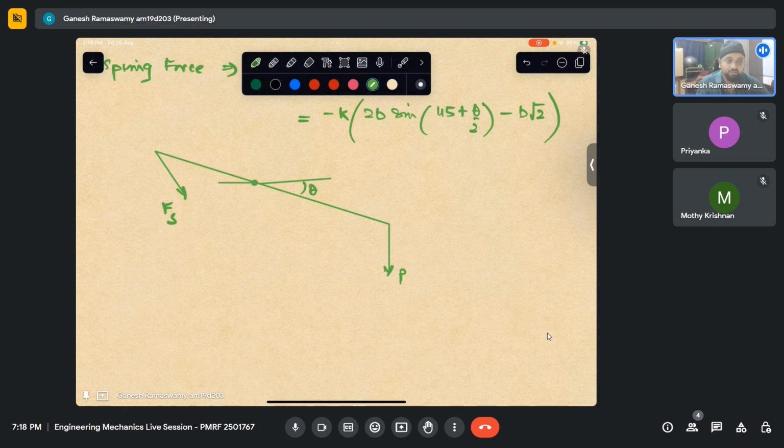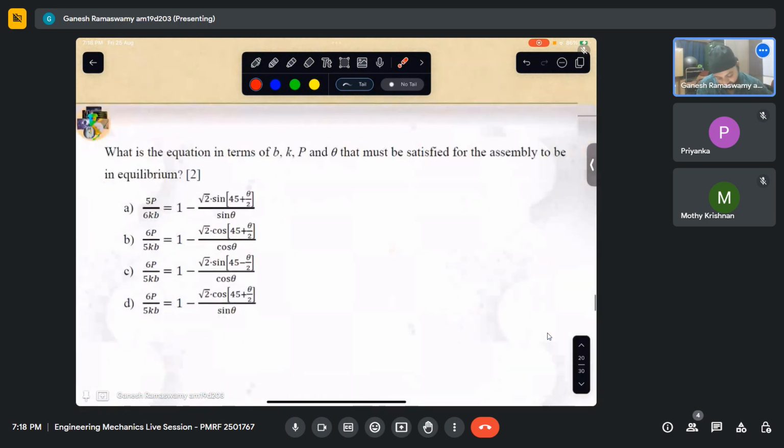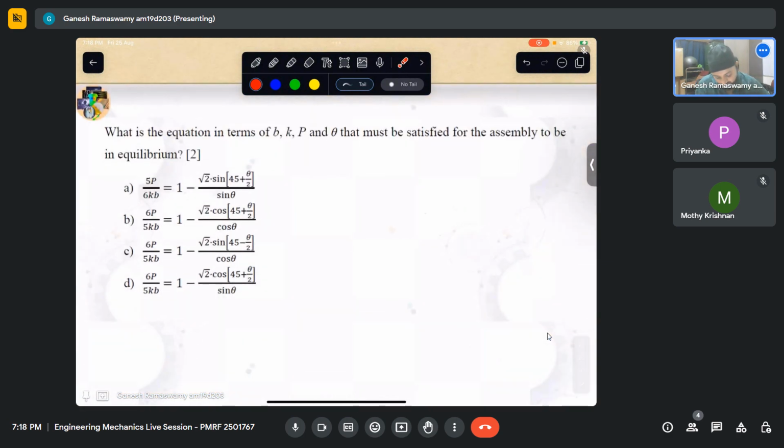So the virtual work contribution of the spring is invariably negative. Now look at the next question. What is the equation in terms of b, k, P and theta that must be satisfied for this assembly to be in equilibrium? When will this be in equilibrium?